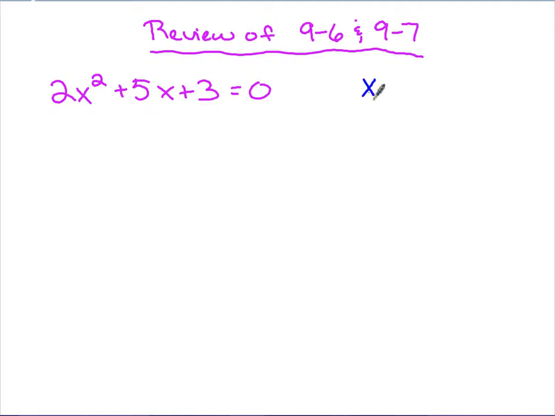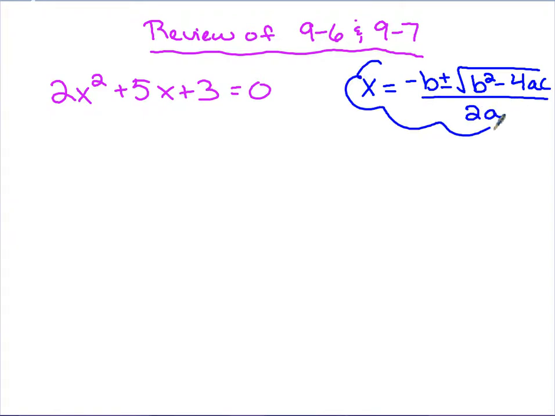The quadratic formula, to get your 1 x or 2 x's or no x's, depending on what it looks like, you use this formula. Don't worry about trying to memorize this formula because they're going to put it on your formula sheet for the SOL. All right, so there she is. Put her in a pretty little cloud.